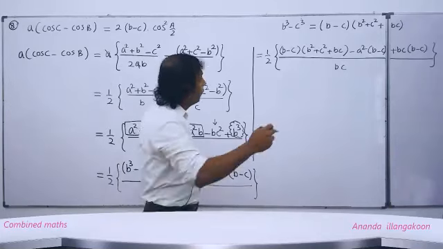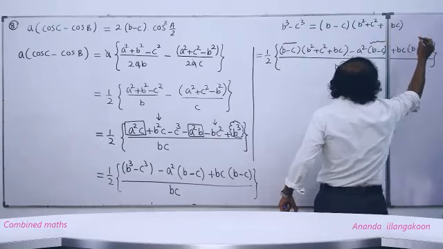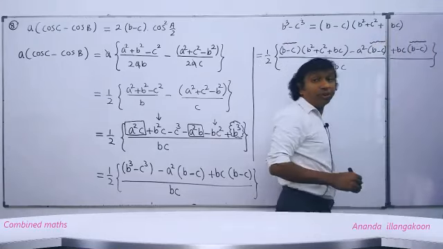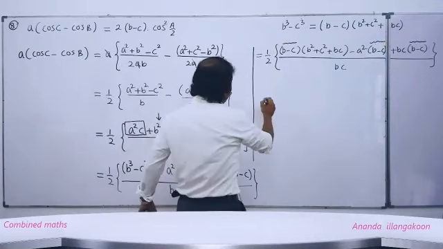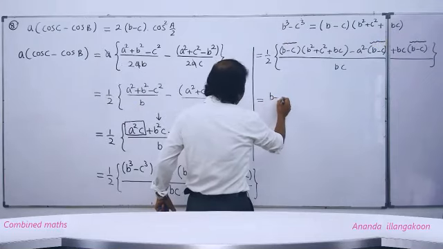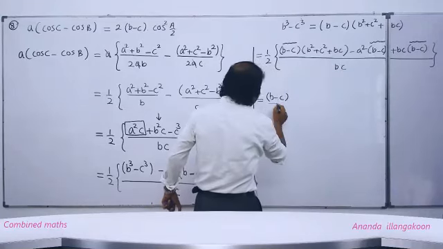Now you can see here B minus C, here B minus C, here B minus C. Common, take that B minus C out. Then here we have what? We can take B minus C out. And this 2 and this BC, when you multiply, we get 2BC.